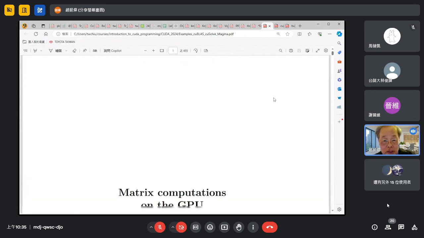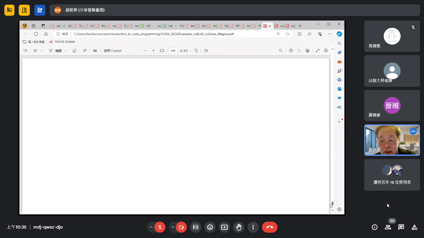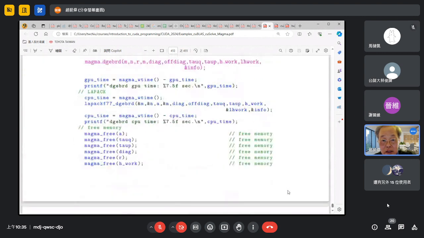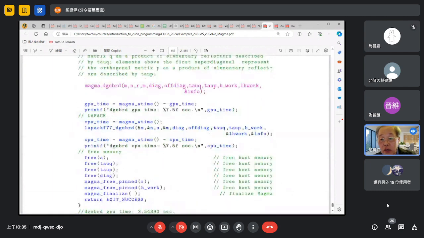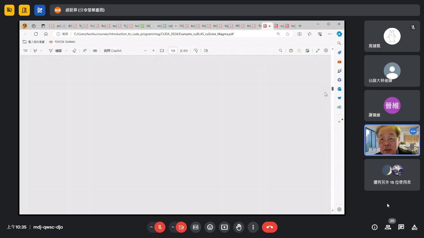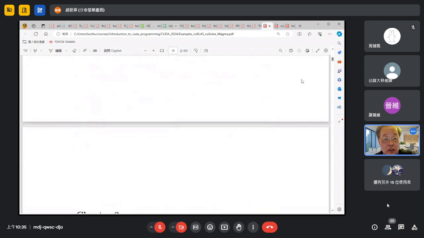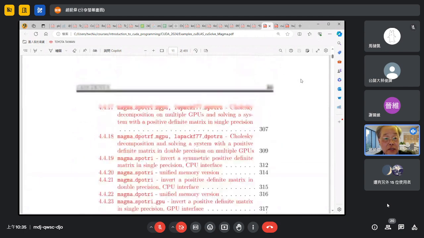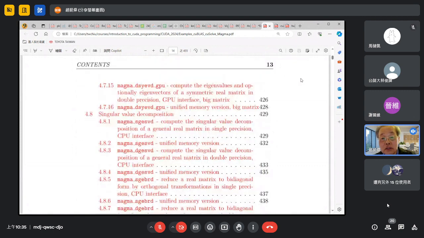I'm not sure it has the index at the end. Let me check. No, it doesn't. So all you can get is the contents here. From the contents, you can look up which routine you need, and then you can go to it.